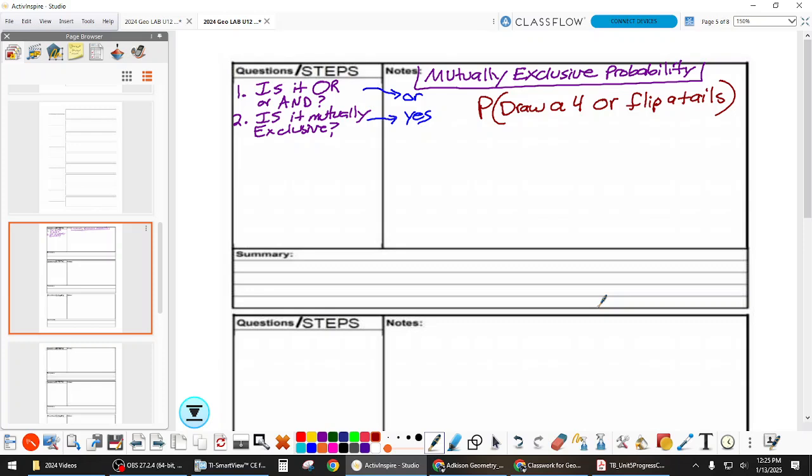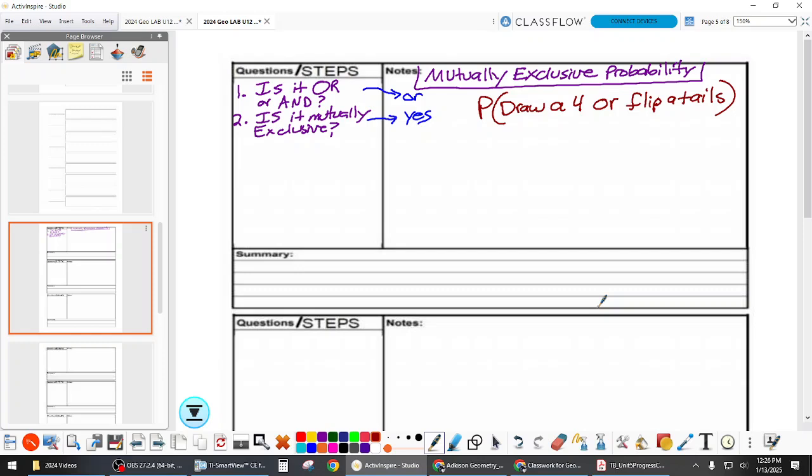Is this or and? Or, it says the word or right in there. Is it mutually exclusive? Yes. Why? There are two different things.